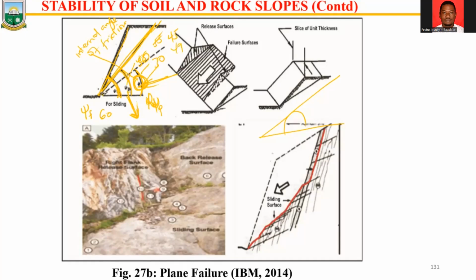That could have helped us to avoid this type of failure. So if our designed angle was here, failure wouldn't have occurred. So you have your slope face angle, your plane failure angle, and then your angle of internal friction. Those are the various things that must be satisfied for planar failure.